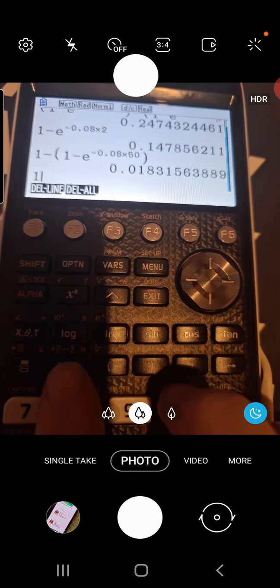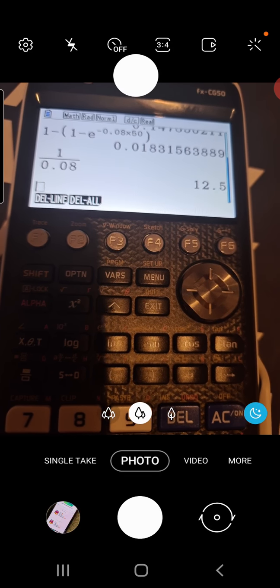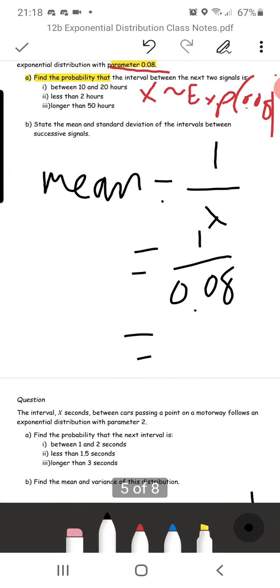You can use your fraction button, which is this one here. Oh, 12.5, that's nice.